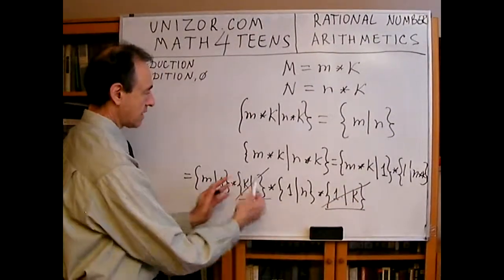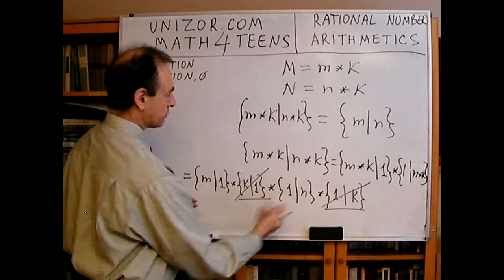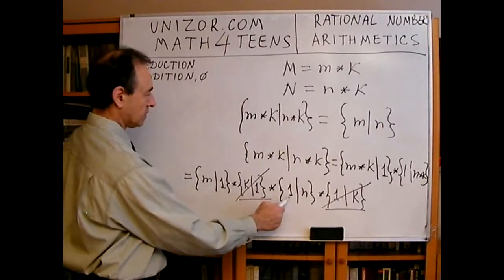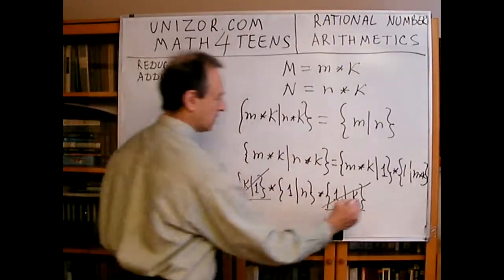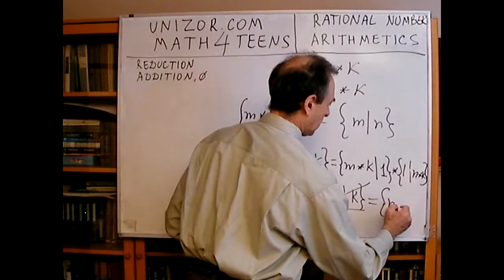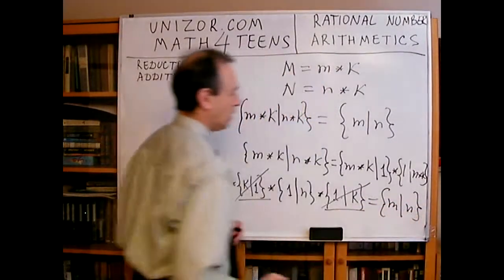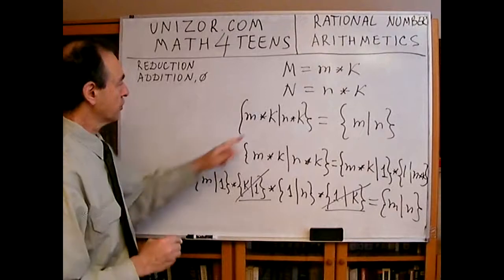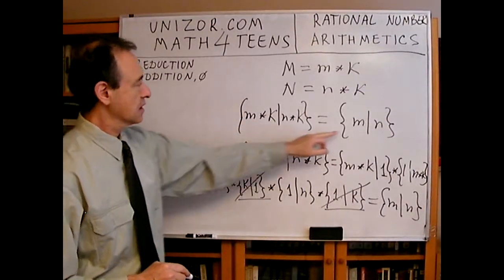So basically I'm just gathering all the pieces together but in a different order. Same thing, m and 1 times n, so this will be m over n. Which is exactly what we wanted to prove, that this is equal to this.